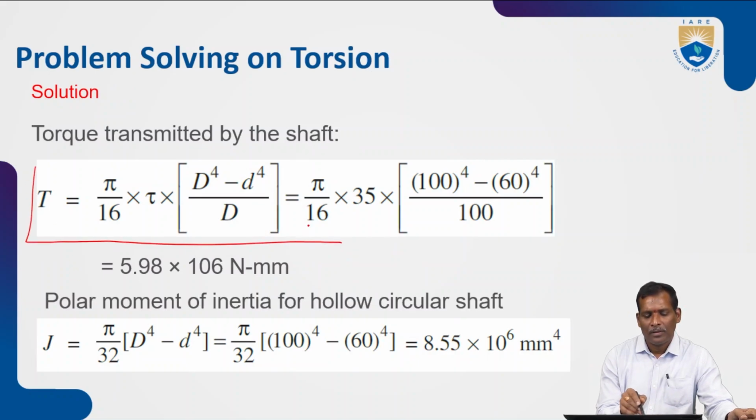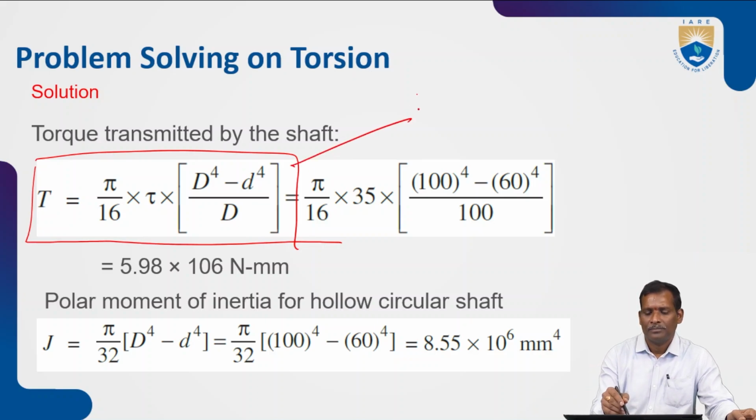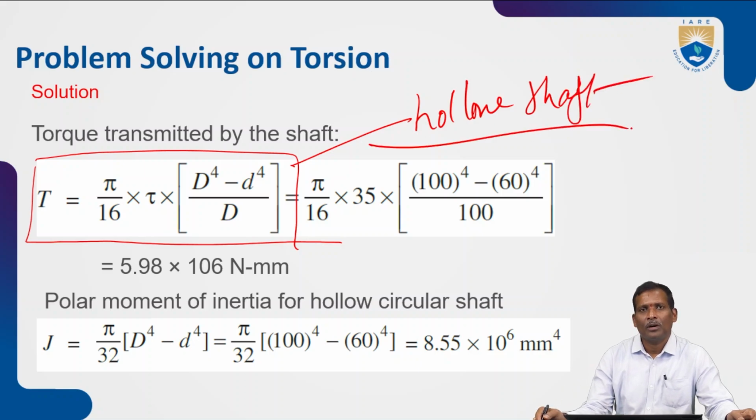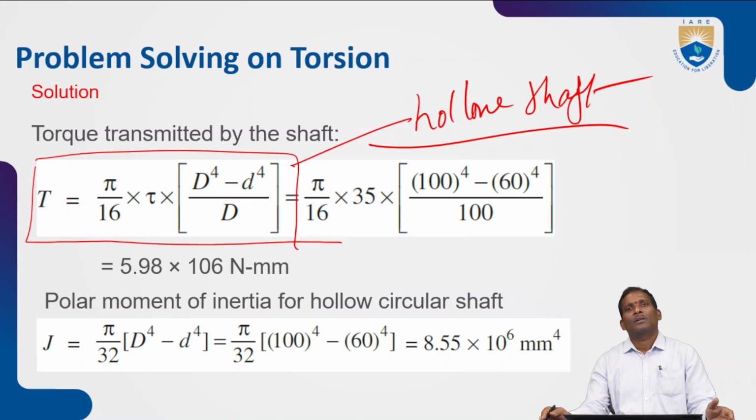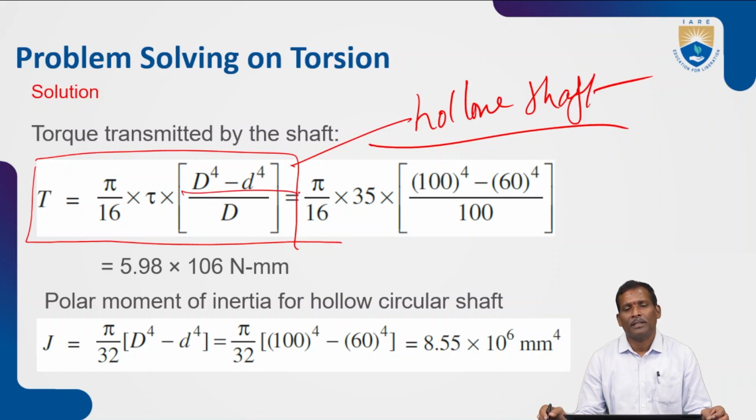torque. The given shaft is a hollow shaft. So you know for a hollow shaft, T is pi by 16 into tau into (D to the power of 4 minus d to the power of 4) by D, where D is the external diameter. Substitute those values. You will get the torque transmitted by the shaft.